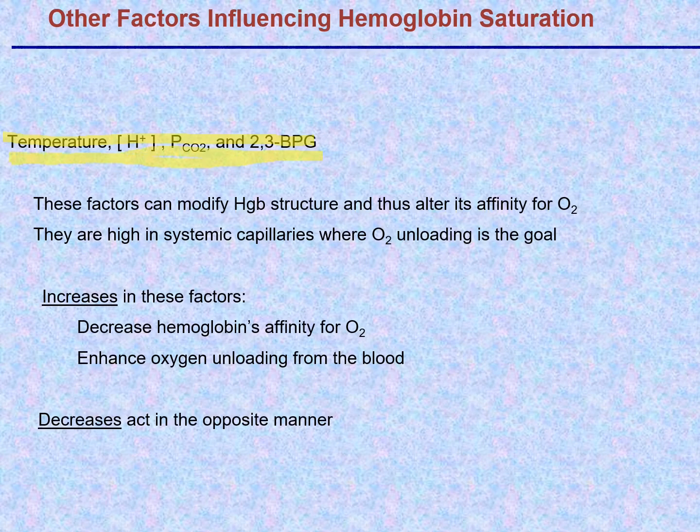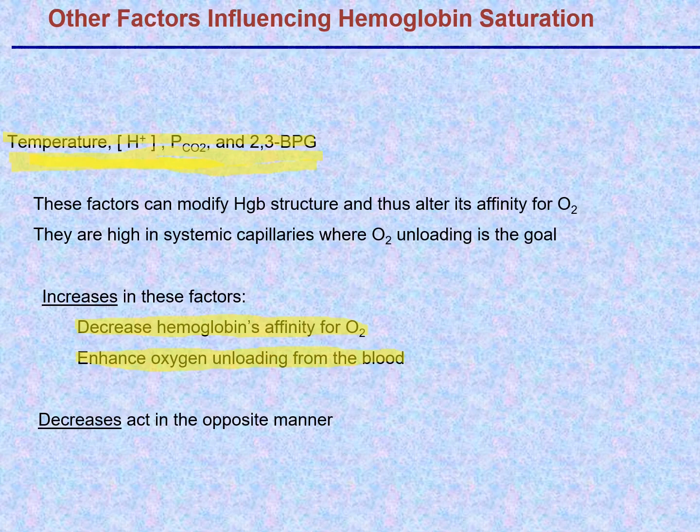It's higher in the tissues: the temperature, the hydrogen ion concentration, the PCO2, the amount of 2,3-BPG in the cells. So any increase in these factors will decrease hemoglobin's ability to hold oxygen. It'll decrease the hemoglobin affinity for oxygen, resulting in increased oxygen release, unloading from the blood to the tissues. And that's quite appropriate.